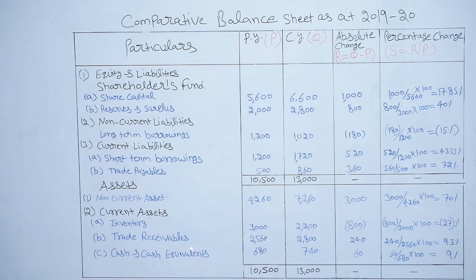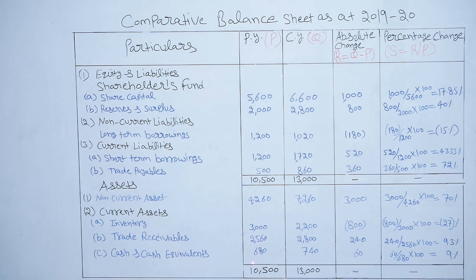Next is trade receivables. Previous year trade receivable is 2,560, current year trade receivable is 2,800. Then absolute change is 2,800 minus 2,560, which is 240. Now percentage change. Absolute change 240 divided by 2,560 previous year into 100, then we get 9.3%. Next is cash and cash equivalent.